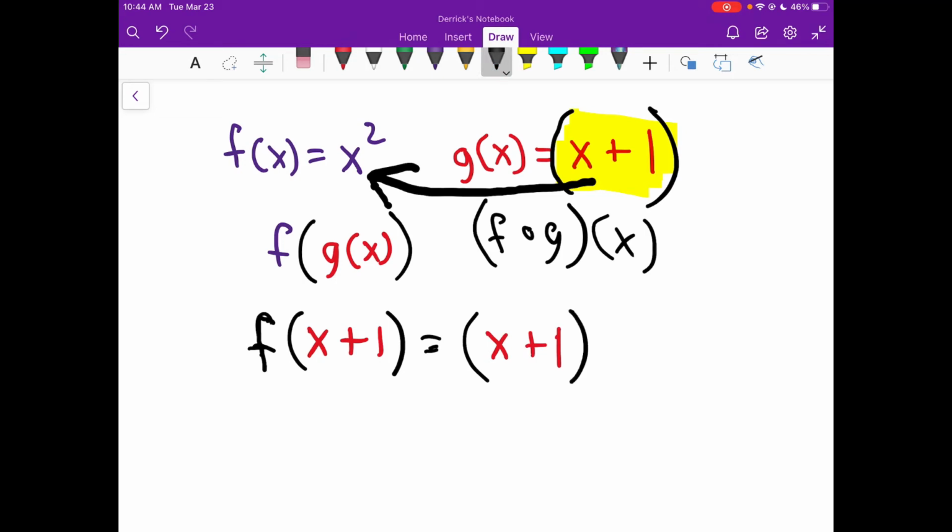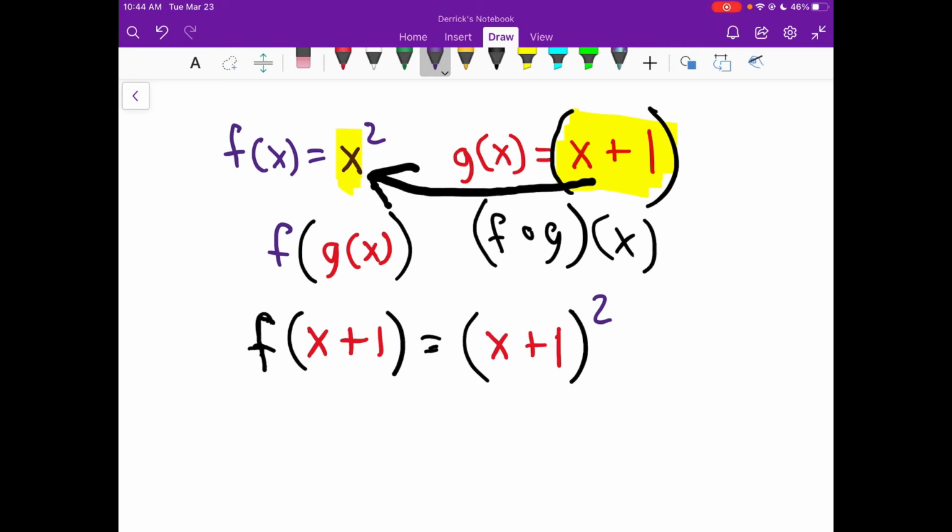And like we said, the x had originally been squared, so what we replaced x with, aka the quantity x plus 1, would also need to be squared. I'll even put that in purple to show where it came from. So that's what we would get from f of g of x.